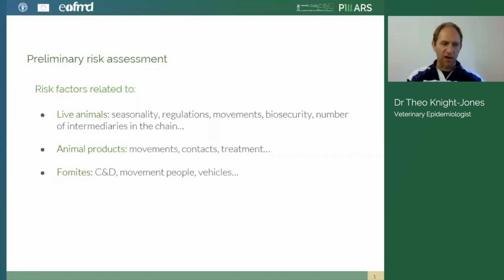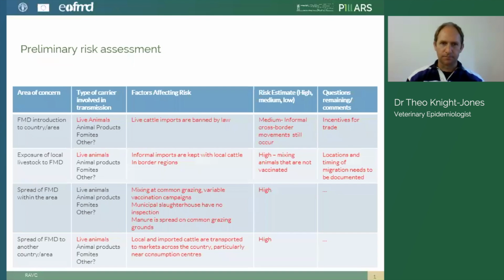At the other extreme, if you have a free area, you're still going to be very worried about a small probability of FMD entering via fomite because of the massive consequences. So it does change your risks depending on your PCP situation.